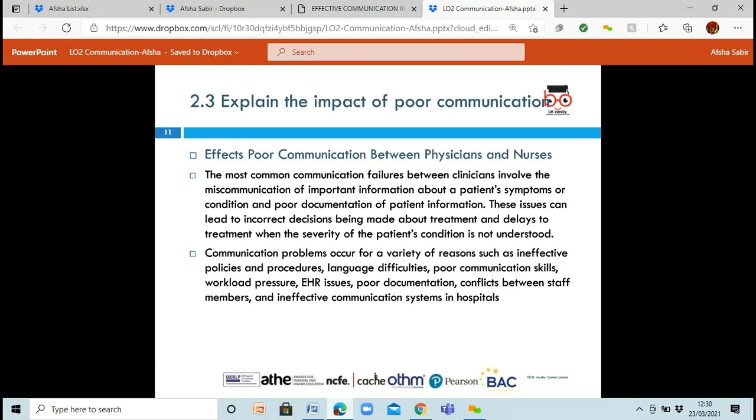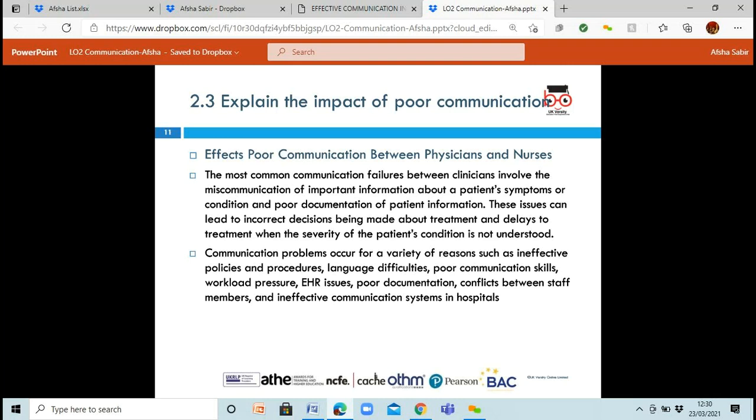Sometimes you just don't have the time. I mean, you probably already know how run off your feet you can get trying to look after one person and the other, then the other. Sometimes you don't actually get much opportunity to even sit down for 5 minutes because you're running around. So that can be an issue as well. Then you've got poor documentation and even conflict between staff members.